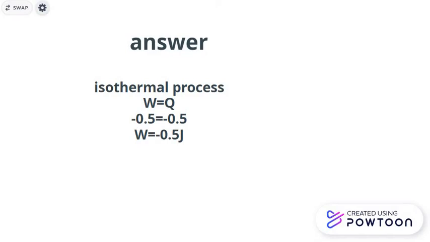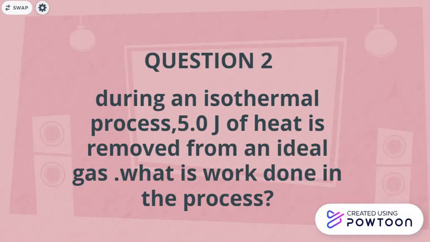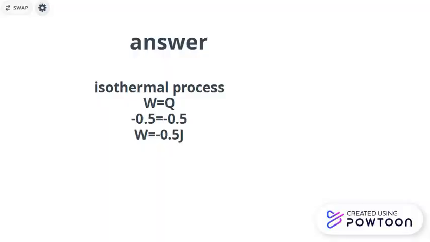Why 0.5? Based on the question, it is stated that 0.5 joule of heat is removed from an ideal gas. So they lost 0.5 joule of heat. Because of the isothermal process, W is equal to Q. That's why the W we get is negative 0.5 joule.